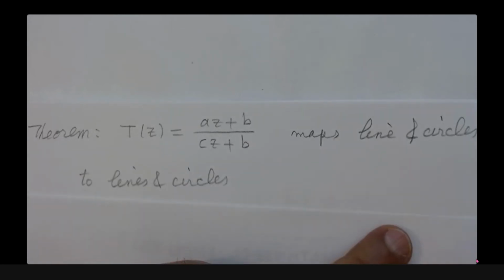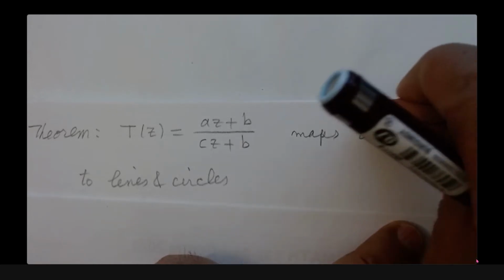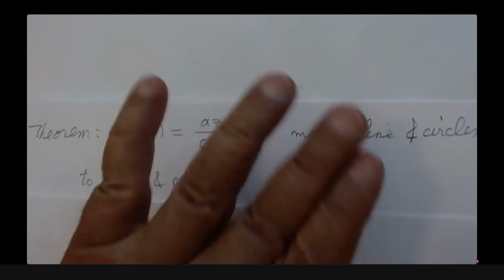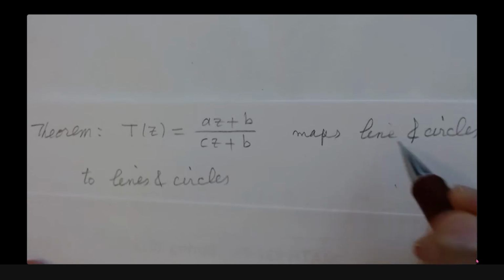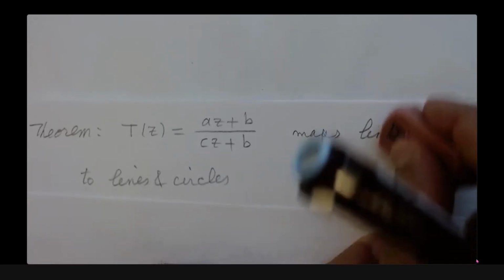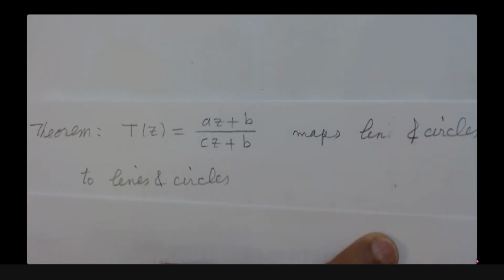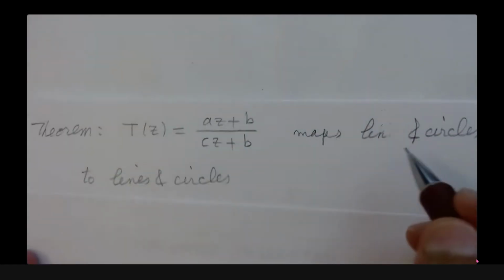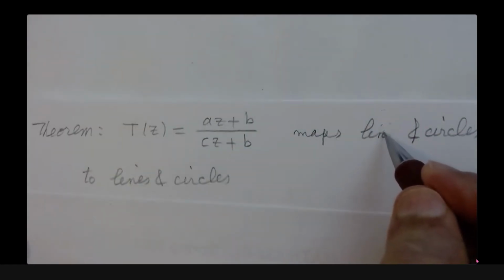Okay, here I should emphasize that although I say it maps lines and circles to lines and circles, that doesn't mean a line necessarily goes to a line.